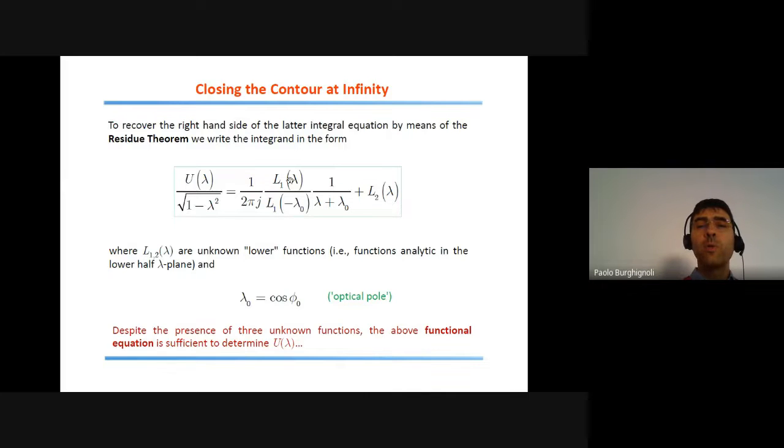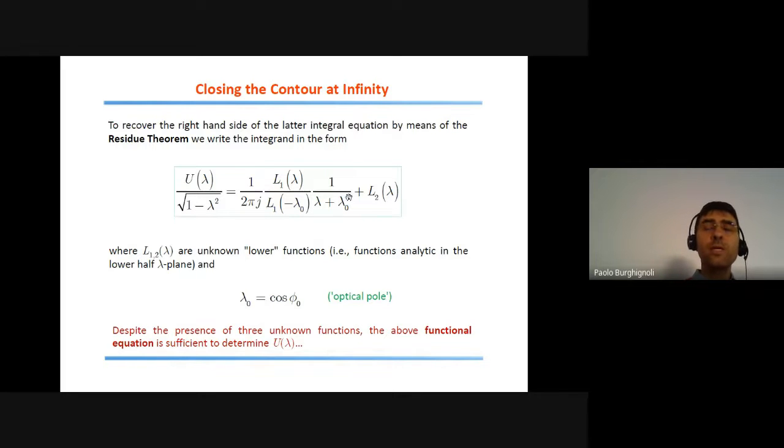So we may let L1 be an arbitrary analytic function in the lower half plane in the numerator. However, if we introduce that function in the numerator, we must also compensate by introducing a constant, which is L1 evaluated at minus lambda 0, so that the residue at the pole does not change.